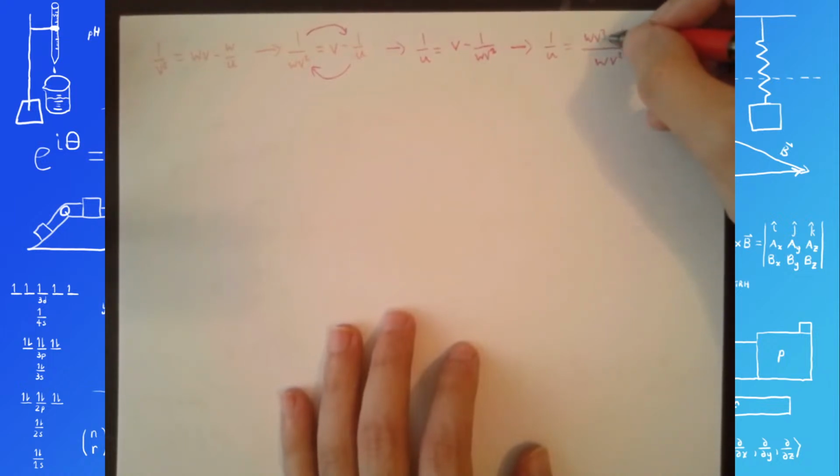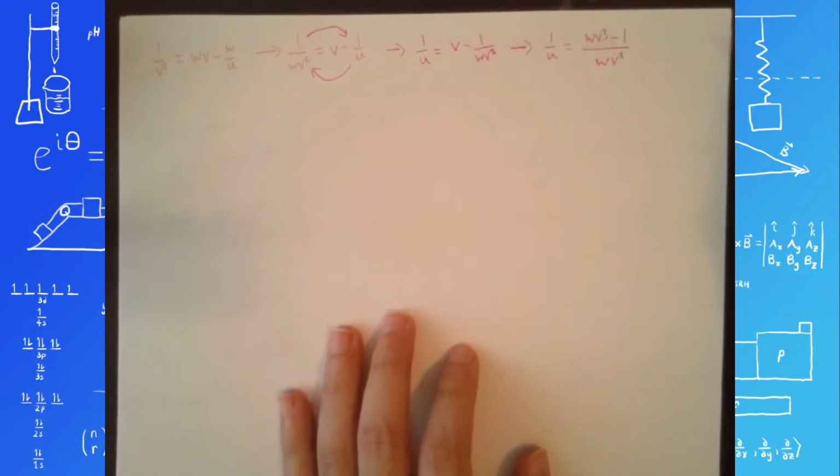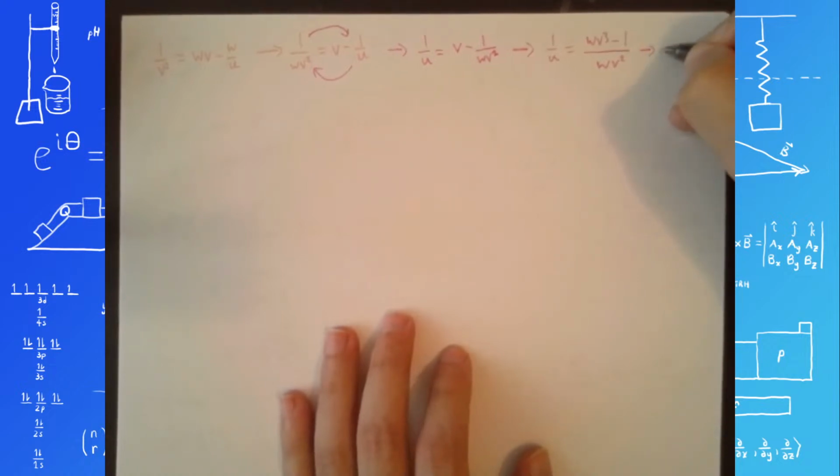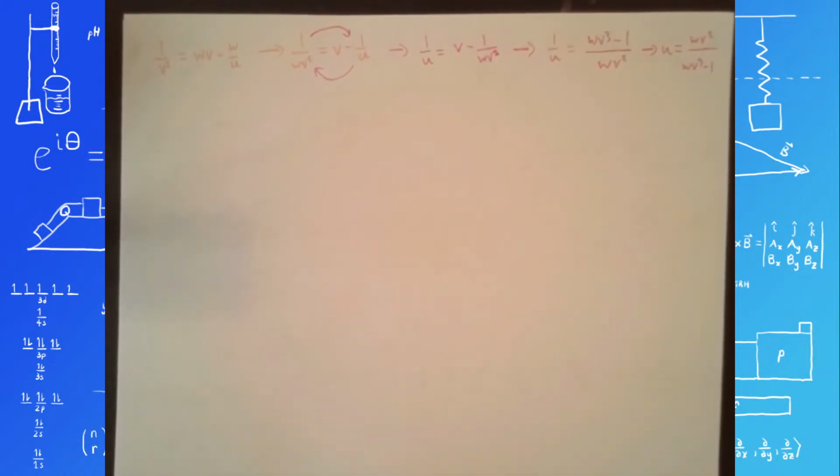Does that simplify to v minus 1 over wv squared? Yes, it does. Okay, and then flip, and you end up with u equals wv squared over wv cubed minus 1. Okay, that wasn't too bad.